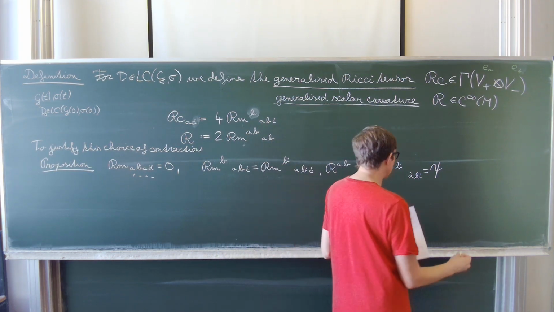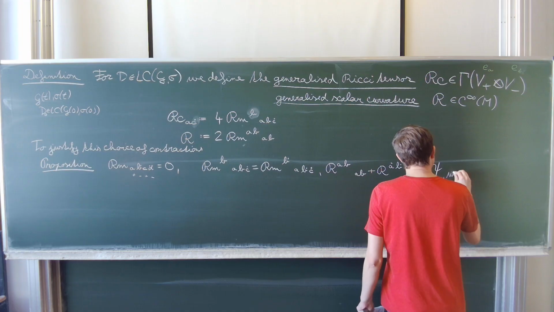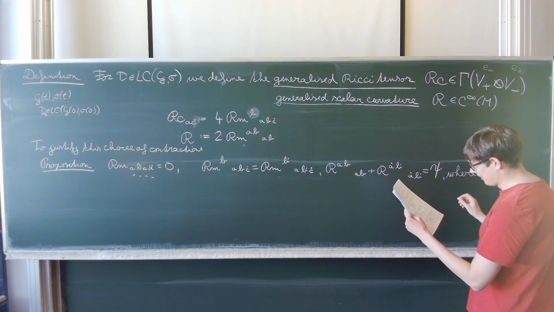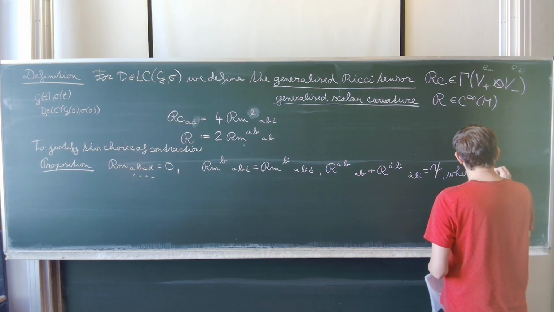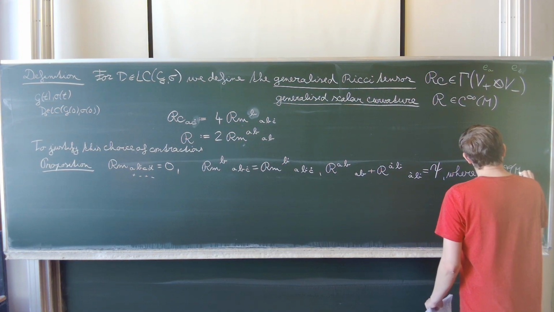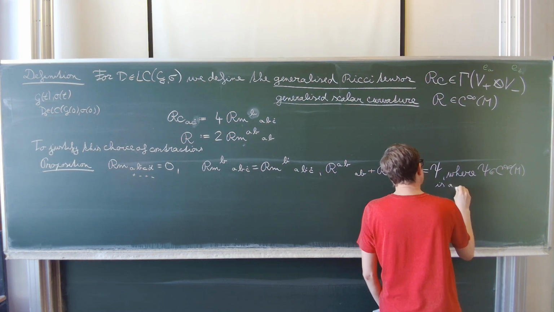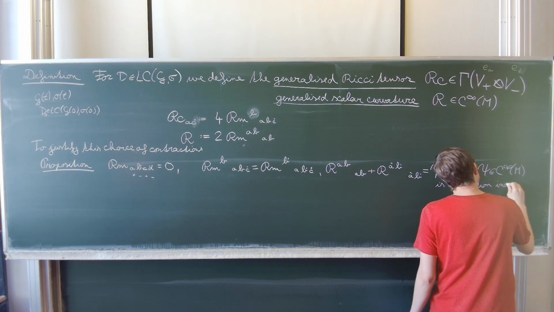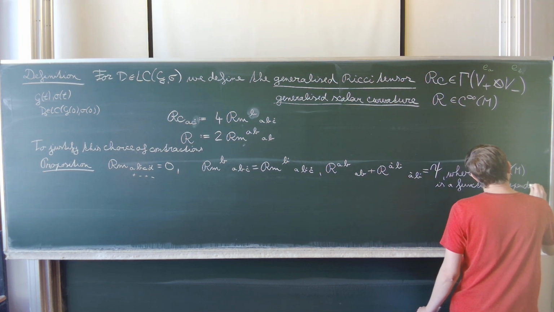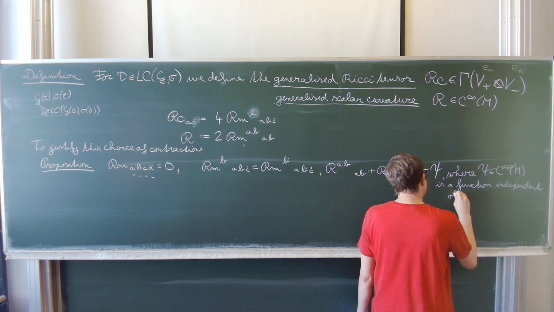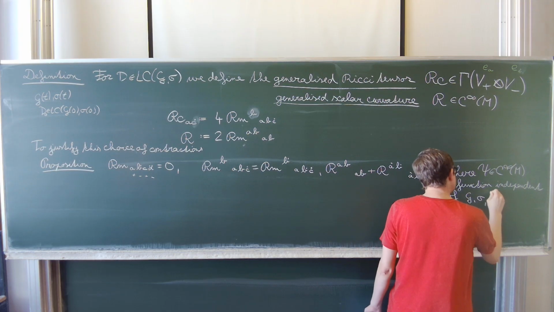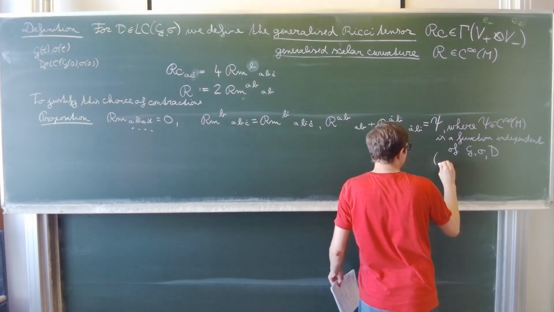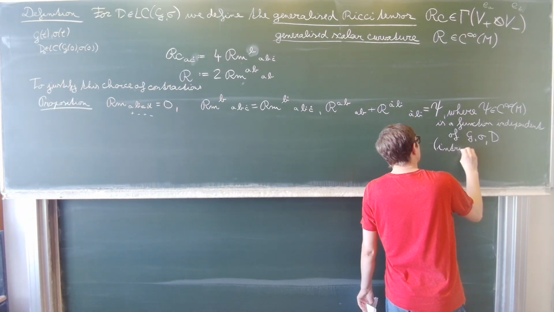psi that I alluded to before, where I said it doesn't have a name, so on the board has a name, it's called psi. So this is a function independent of G, of sigma, and of V. So it's intrinsically associated to the Courant algebra.